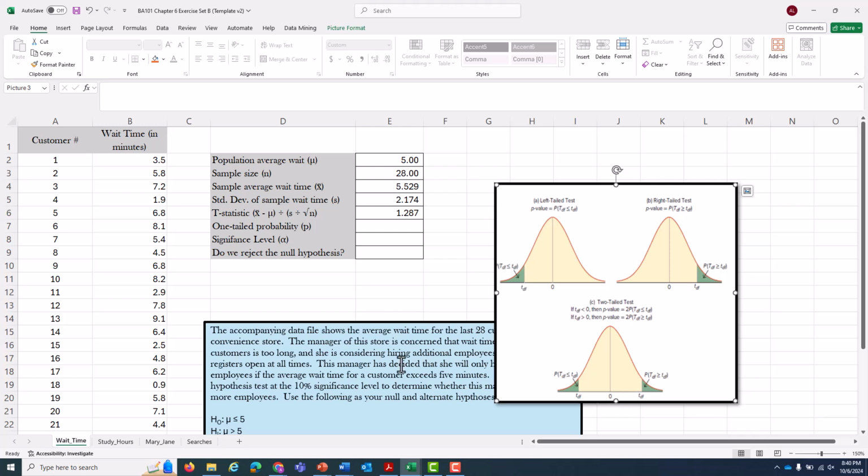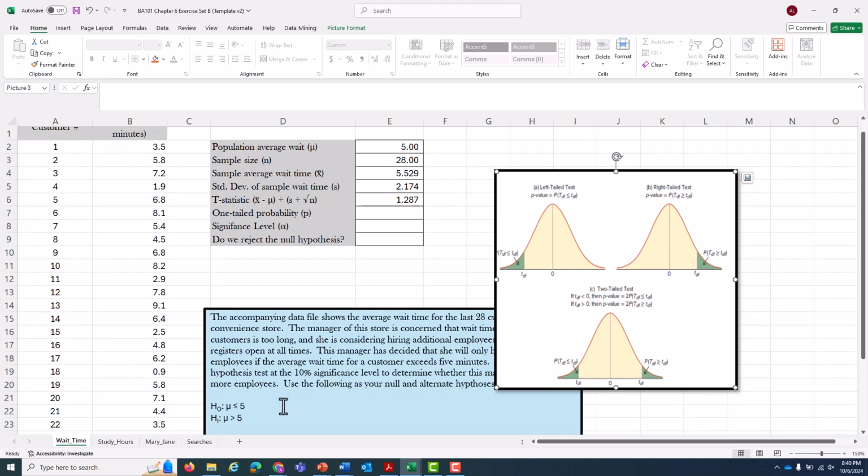You can have different ways that you're expecting the actual average of your population to compare to the going accepted status quo. You can have different ways that can happen. You can be testing that something is less than, that something is greater than, or something is different from. And that determines what kind of t.dist function you're going to use.